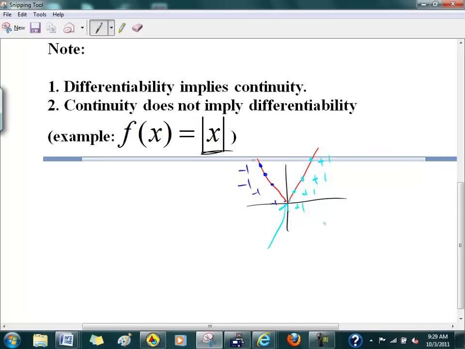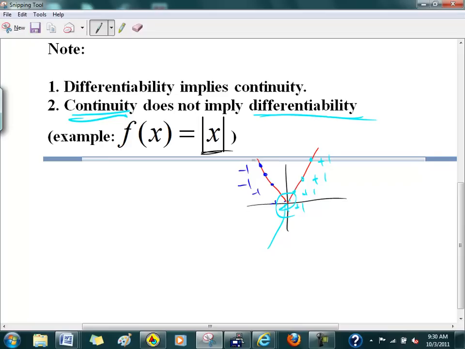So is this function continuous, first of all? Why is it continuous? You can draw it without lifting your pen. But it is not differentiable because I don't know what the derivative at that point is. It is continuous, but it is not differentiable.